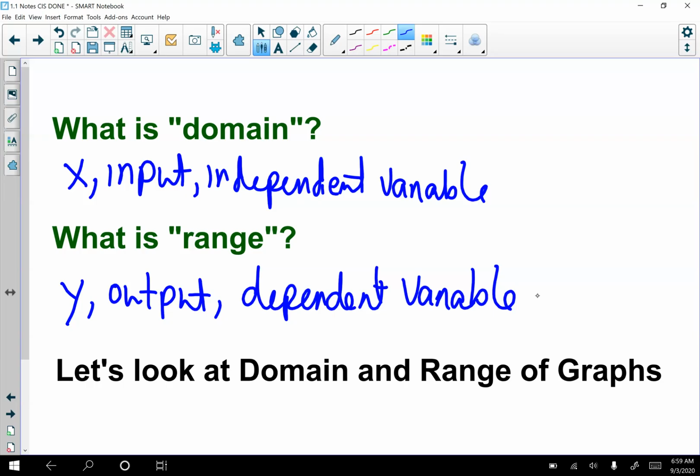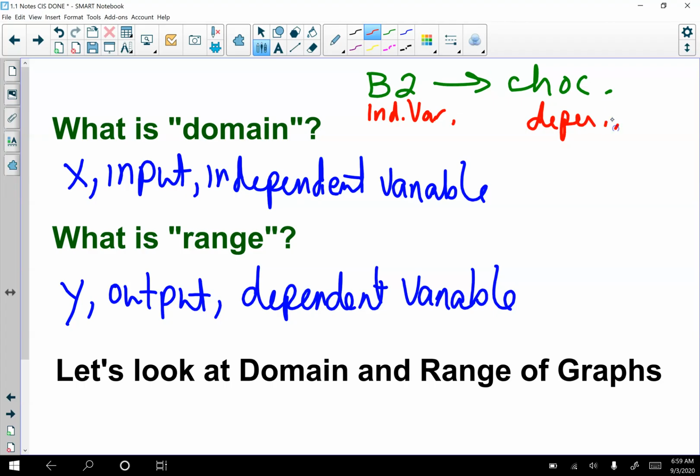So if you think of my example that I just gave you, B2 would produce chocolate. So the independent variable, you get to pick whatever you want, B1, B2, B5, and this chocolate depends on which one you pick, is dependent on your pick. So this would be my independent, where this is my input.